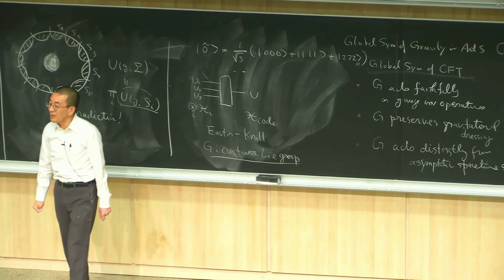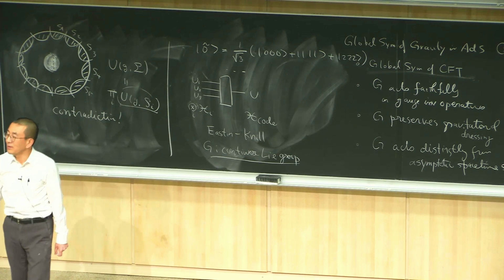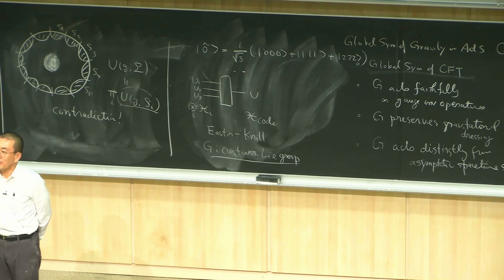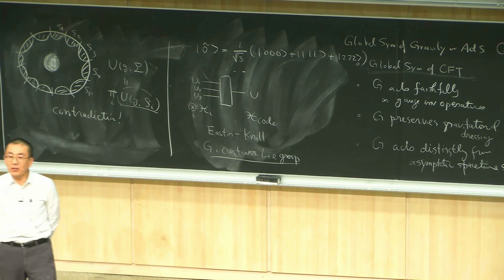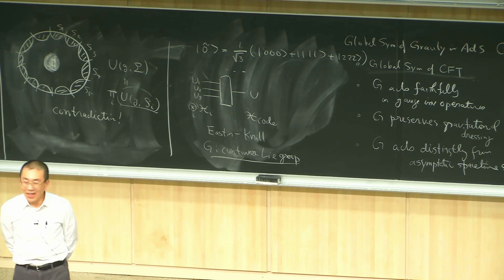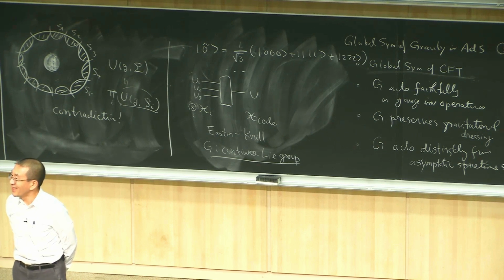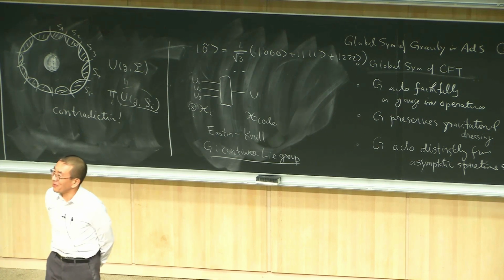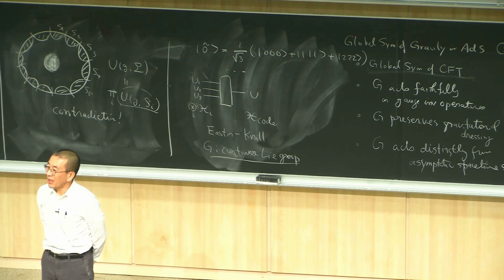You could say that it's all CFT operators below some dimension, delta star, that is large but finite. But you may not want to do that. For example, you may want to include black holes in your code subspace, and there is a way of doing it. So that may not be the best definition. And the black hole can have pretty high energy, right? Yes.